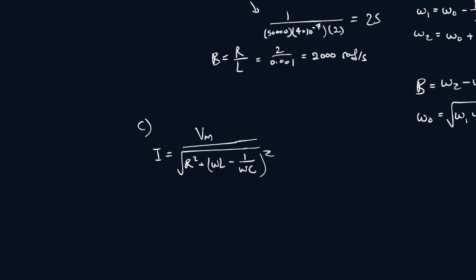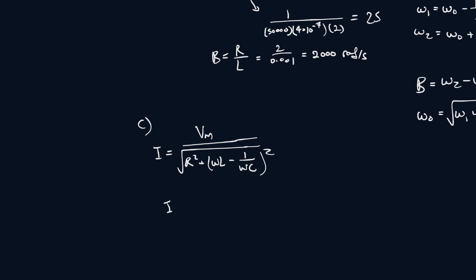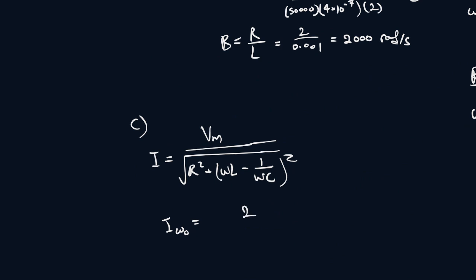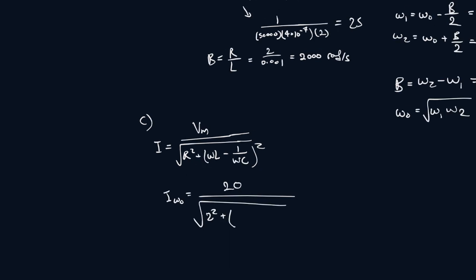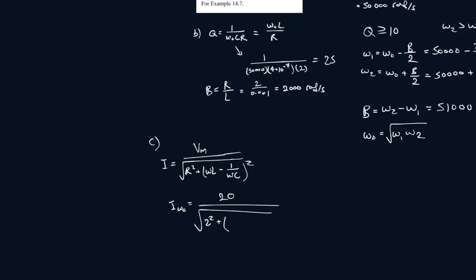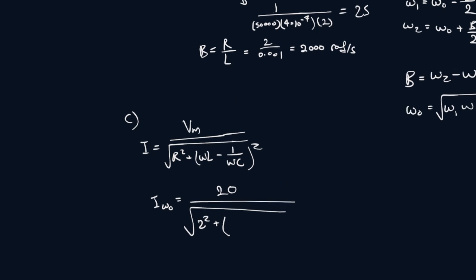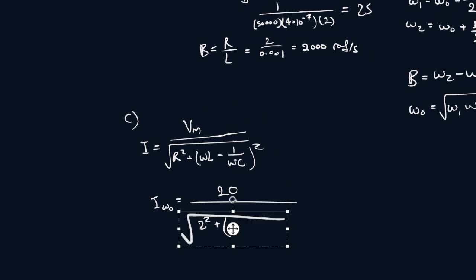Okay, so let's solve for I at W0. What was the voltage? Okay, 20. So it'll be 20 all over the square root of 2 squared plus, the current amplitude for W0, so we'll put 50,000 here.